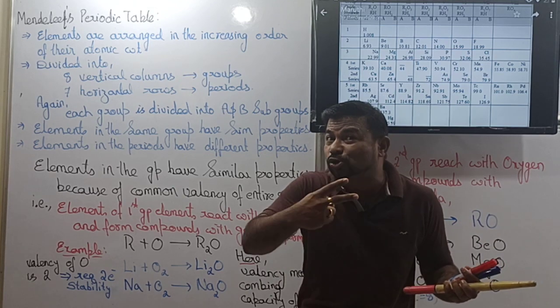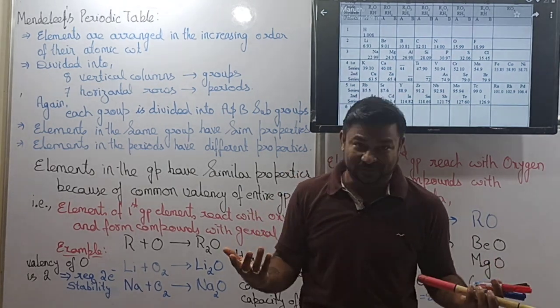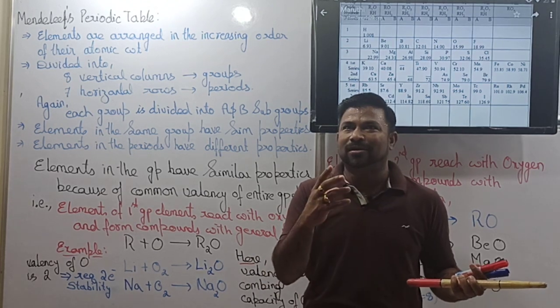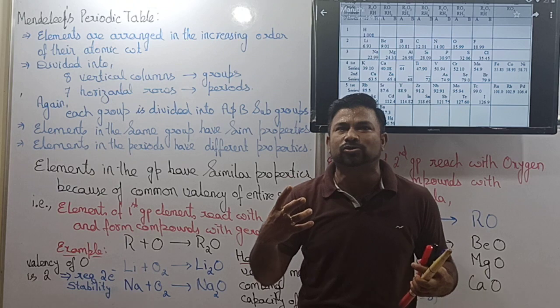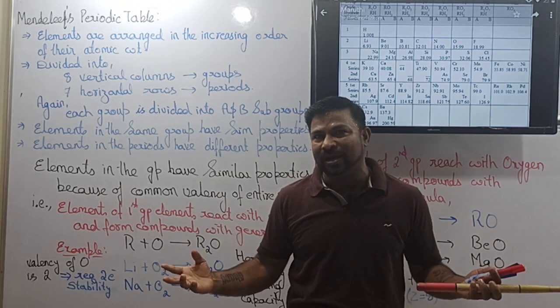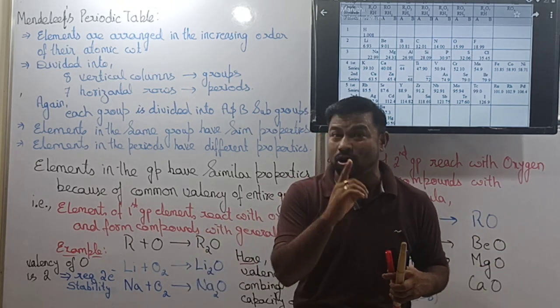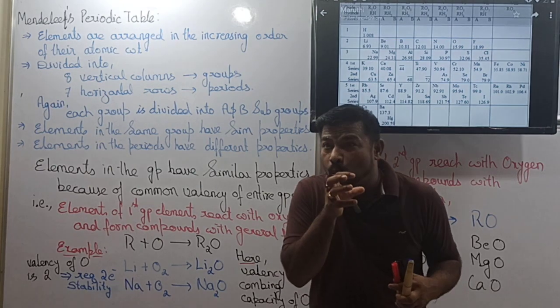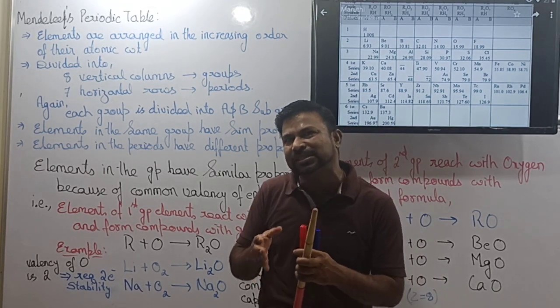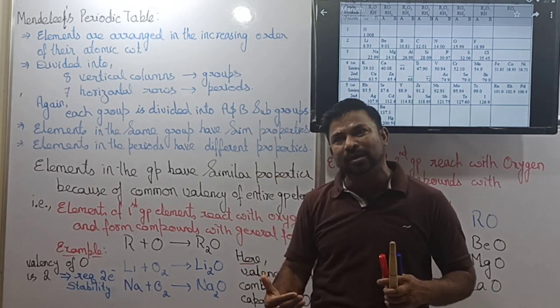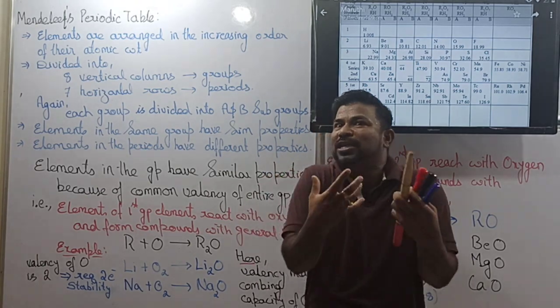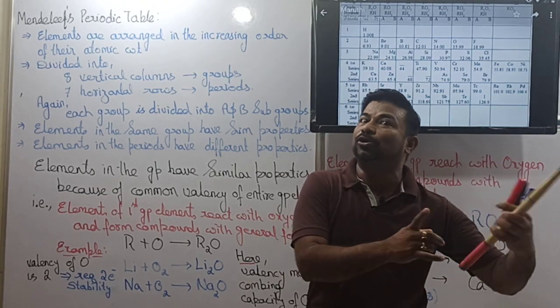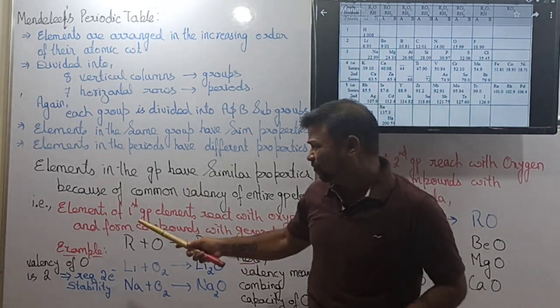It requires 2 more electrons to get stability, so oxygen is ready to take 2 electrons from nearby elements to get stability. That's oxygen's speciality. Now, how do the elements present in the groups of the Mendeleev periodic table utilize the valency property of oxygen? Let's go for this one.